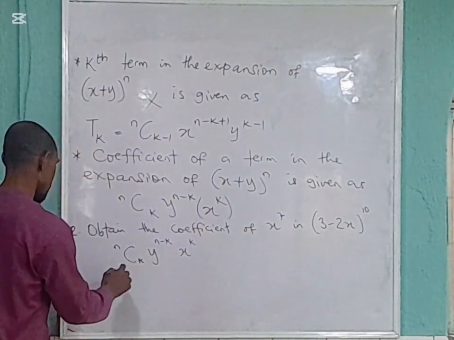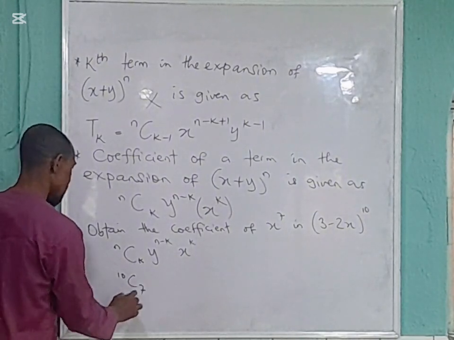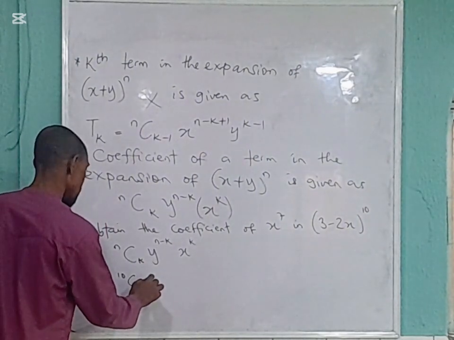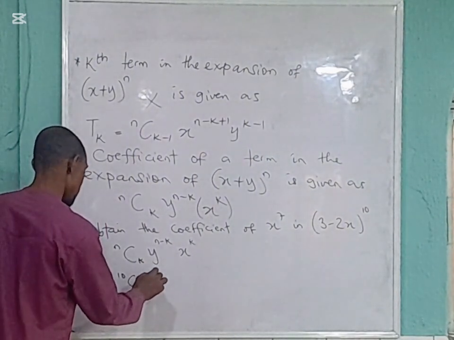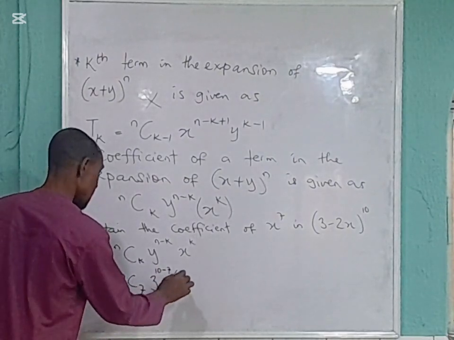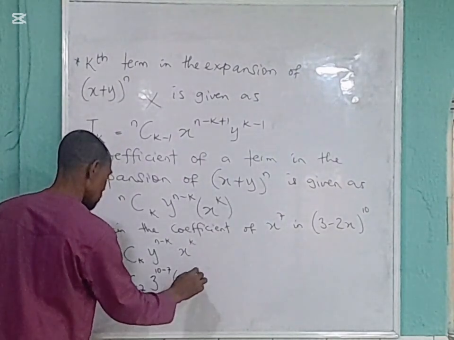So applying that, I'm going to have 10 combination 7, then 3 to the power 10 minus 7. Then x there is going to be minus 2x raised to power 7.